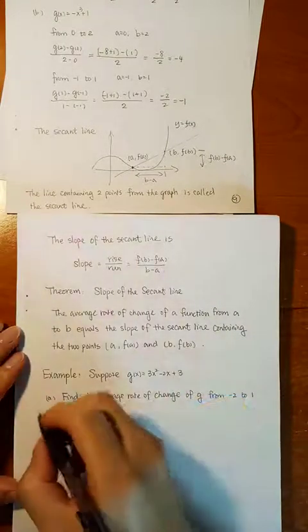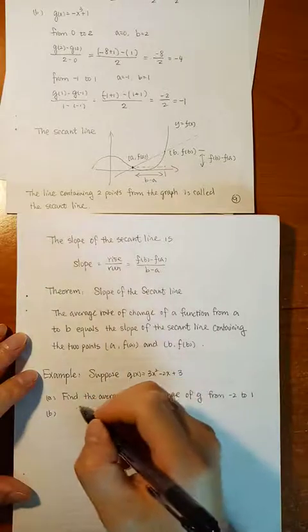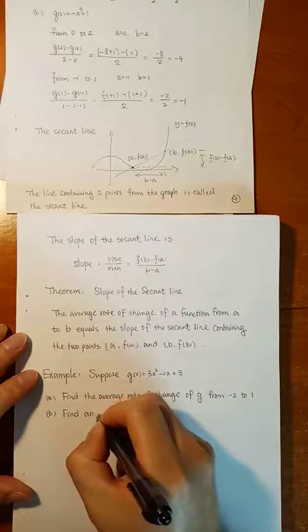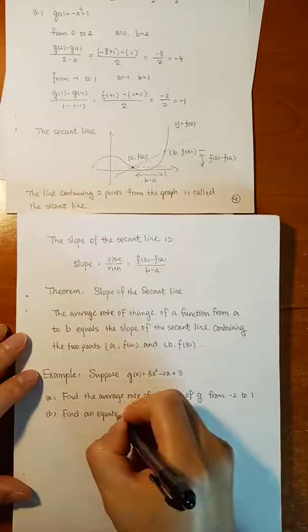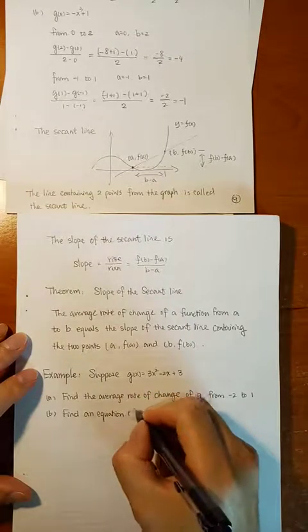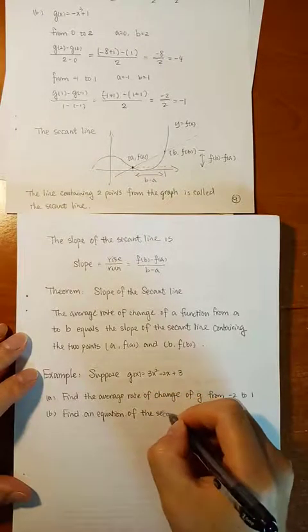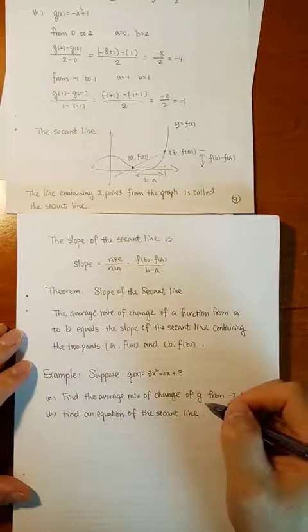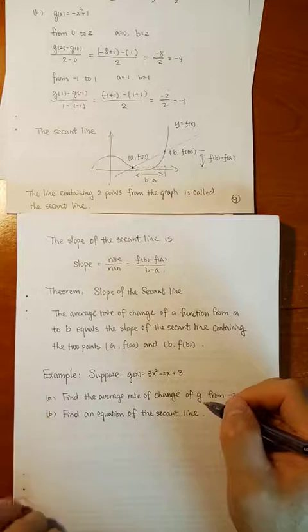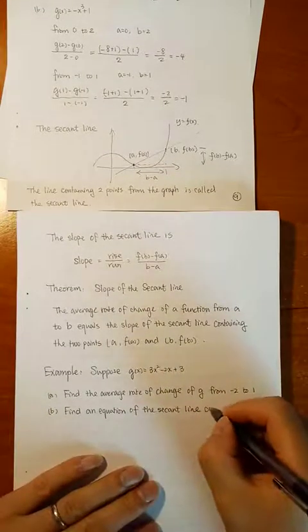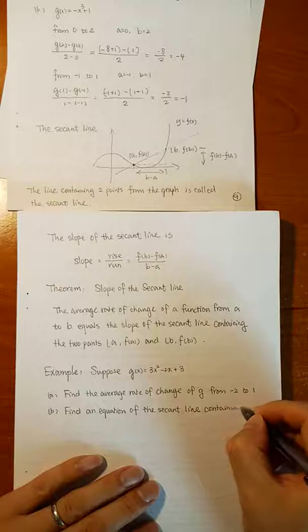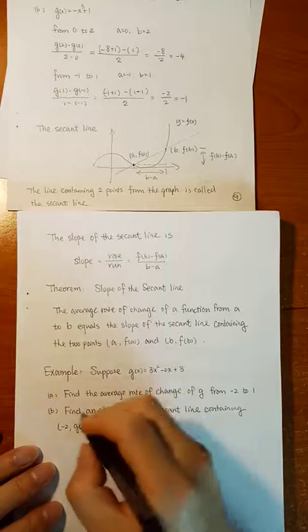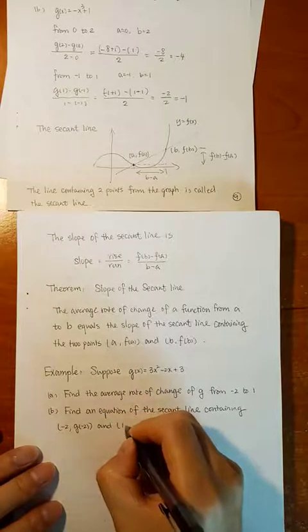And second, find an equation of the secant line. Find the equation of the secant line containing (-2, g(-2)) and (1, g(1)).